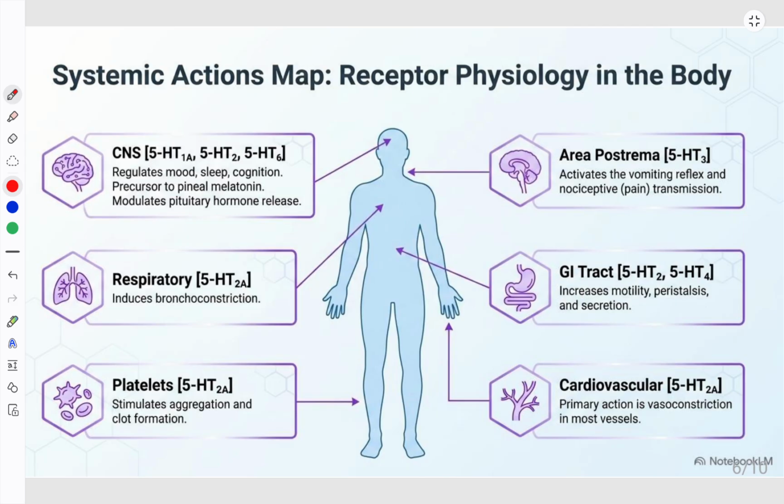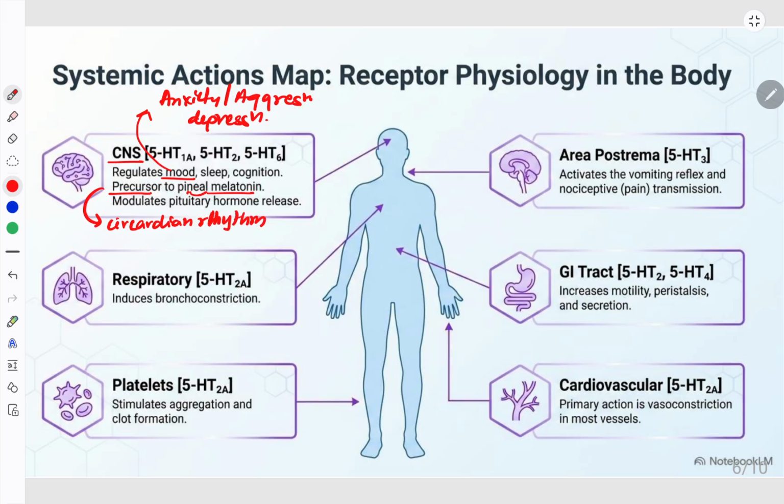So what are the actions of different serotonergic receptors? Serotonin acts through its receptors in the CNS, where it is responsible for regulating mood. Mood includes anxiety, aggression, and depression. In addition, serotonin in the brain is a precursor to melatonin released from the pineal gland, and therefore it regulates circadian rhythm, though indirectly.